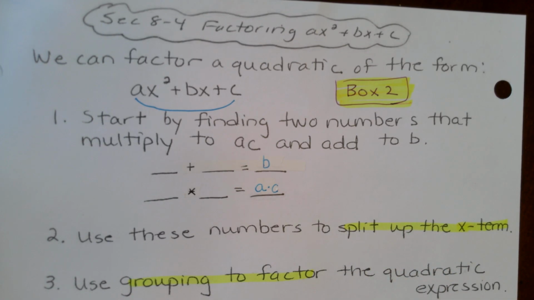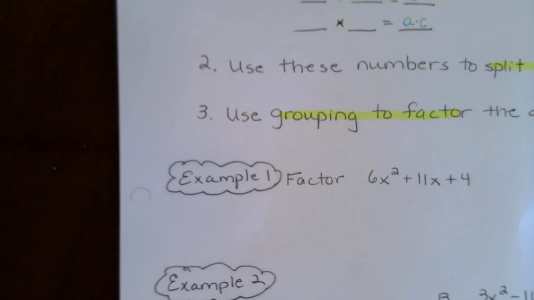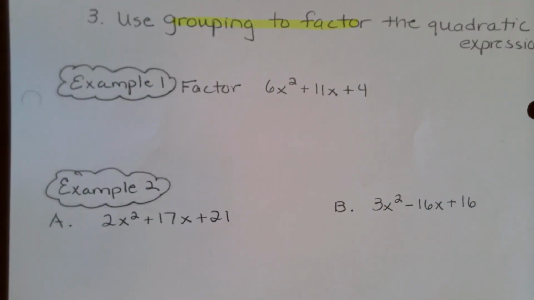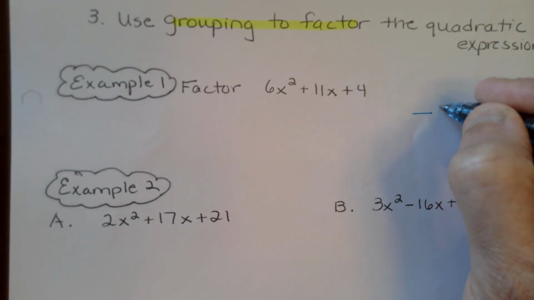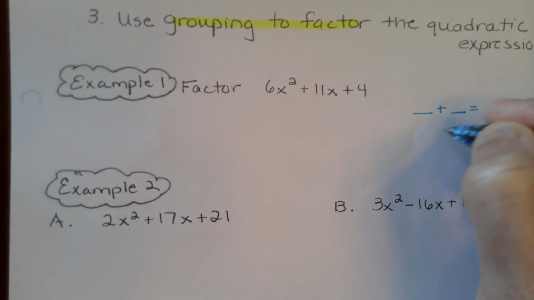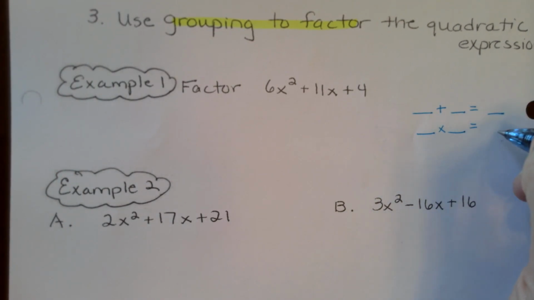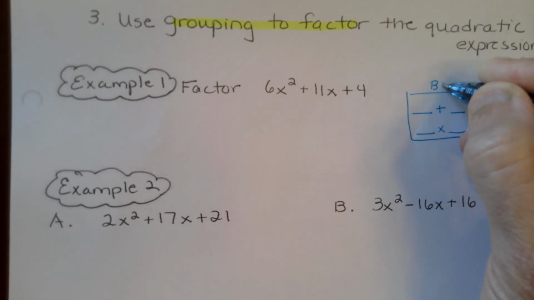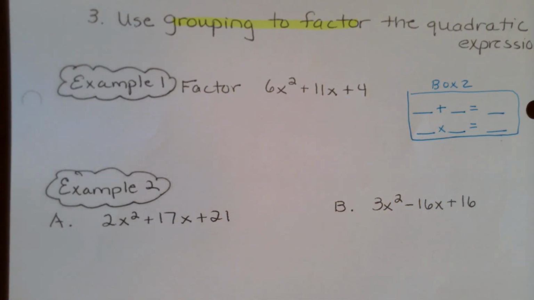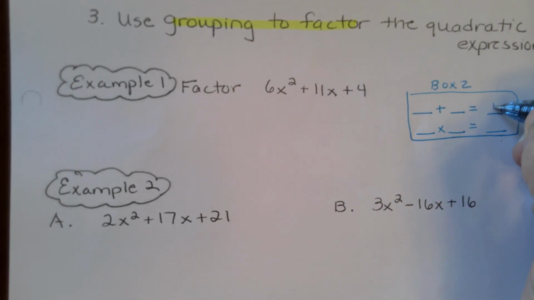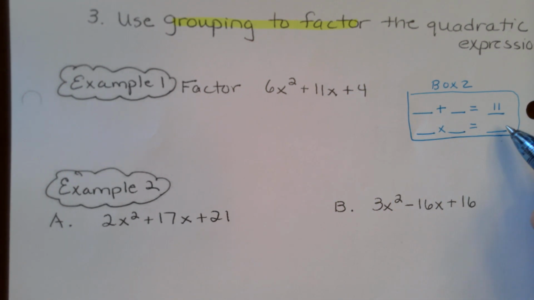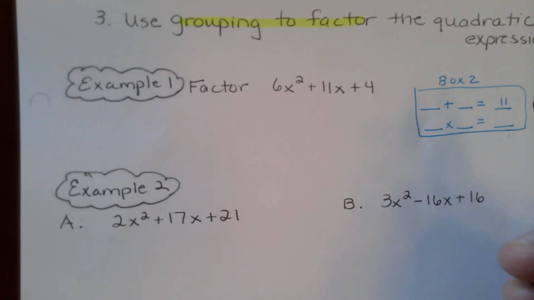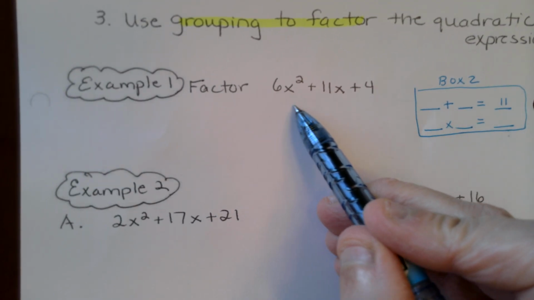So let's take a look at this. It kind of works better when we work through it. So let's start with our box. So what plus what equals, what times what equals, here's our box 2 method. Okay, so the first number in there is that 11, just like it was in the box 1. But now the number in here, remember, isn't just the 4, it's 4 times the 6.